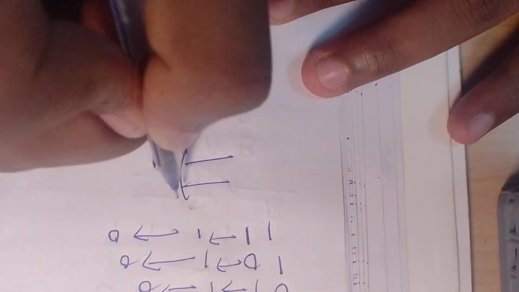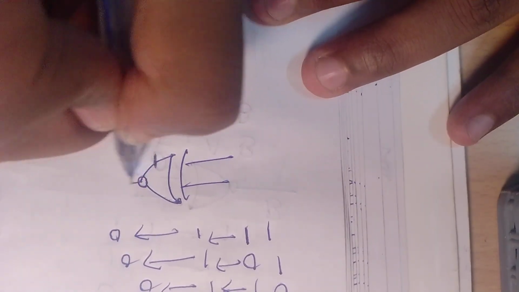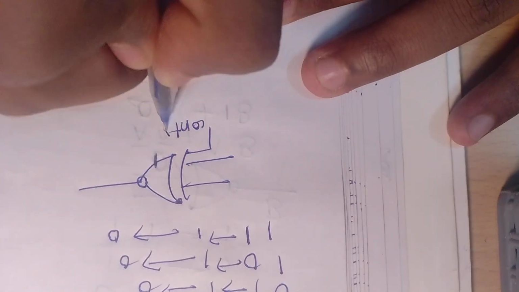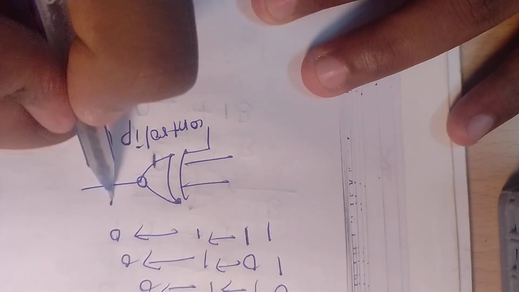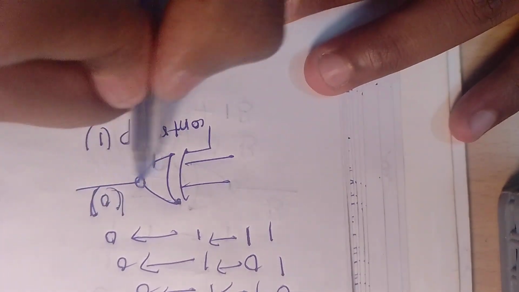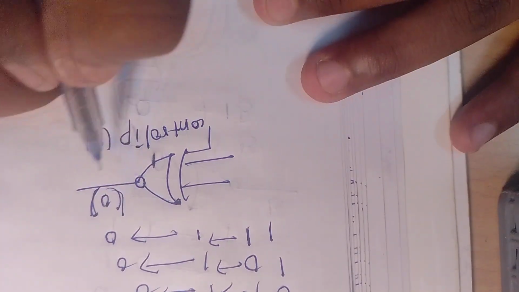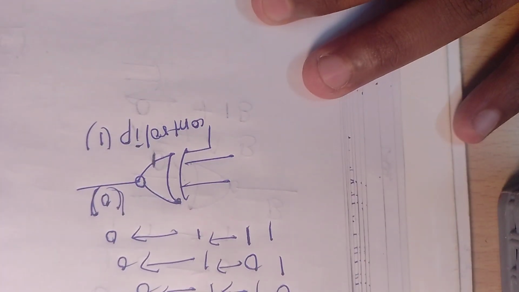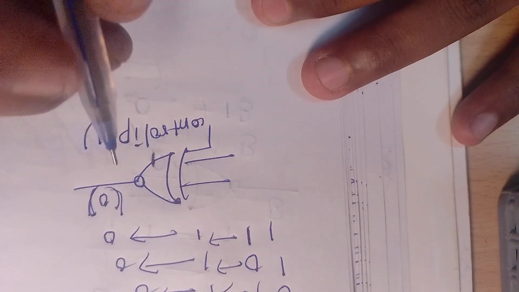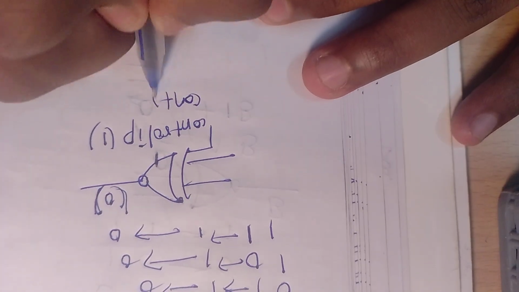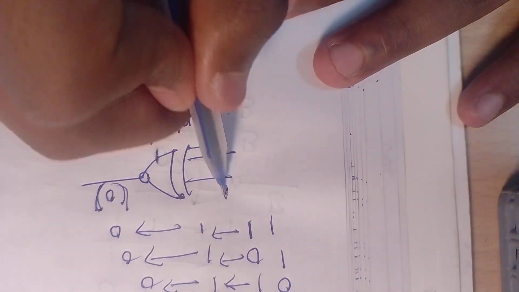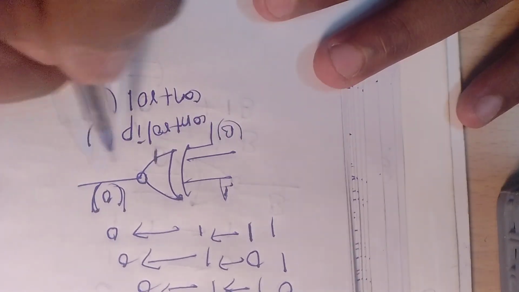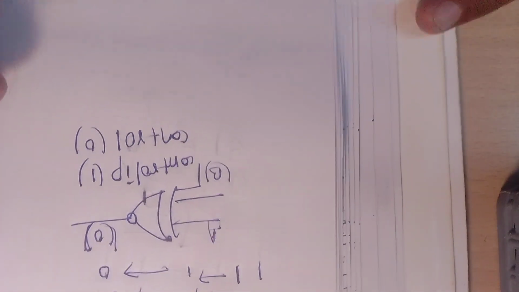For example, I have this NOR gate and this is my control input. If the control input is 1, the output of the NOR gate is by default 0 only. If the control input is 0, the output comes according to the input you have provided.